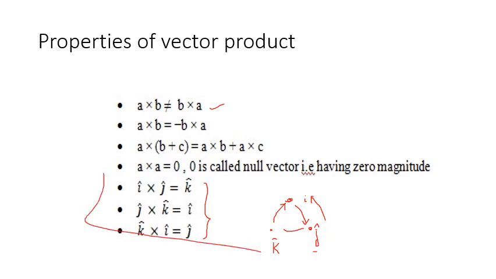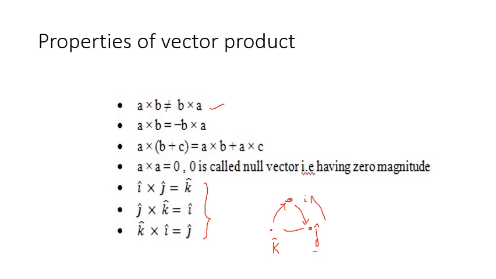Okay, so these are all the properties. So study properly. A cross B is not equal to B cross A, A cross B equals minus B cross A, and A cross (B plus C) equals A cross B plus A cross C. And these last three are very important, students. So study properly.